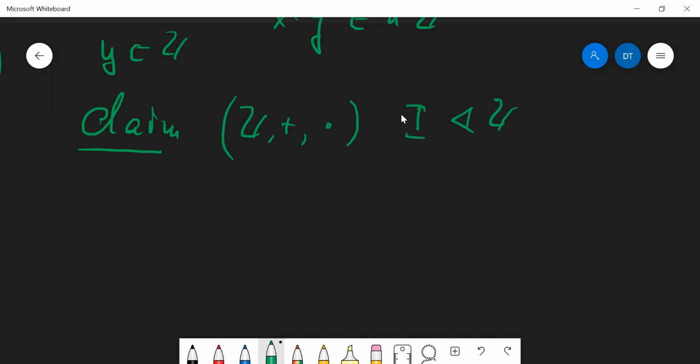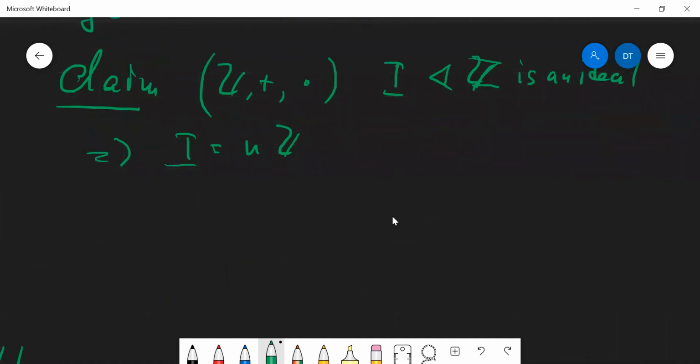This triangle means that I is an ideal; this is how you denote that some subset is an ideal in a ring. Then I is of this form. So every ideal is of this form. Okay, let's prove it.